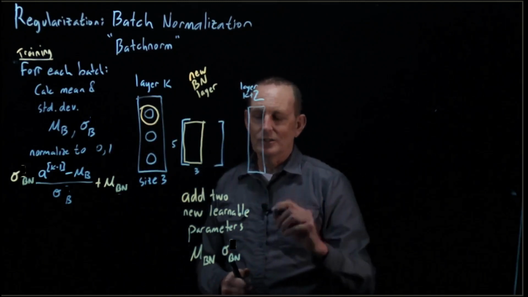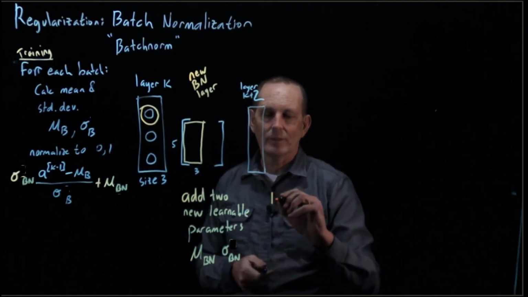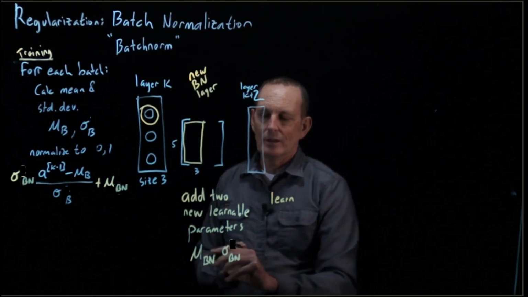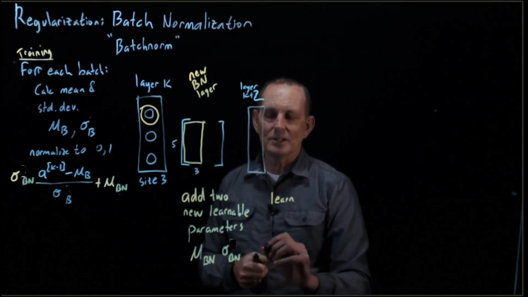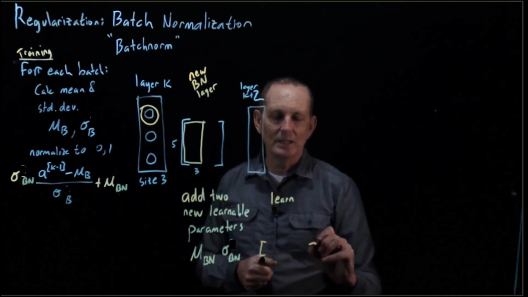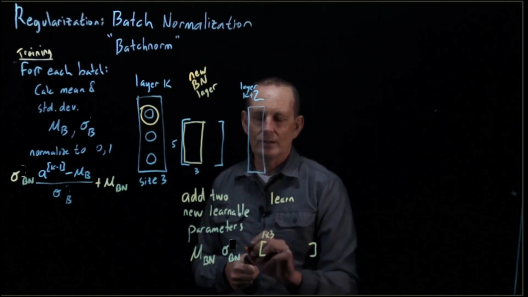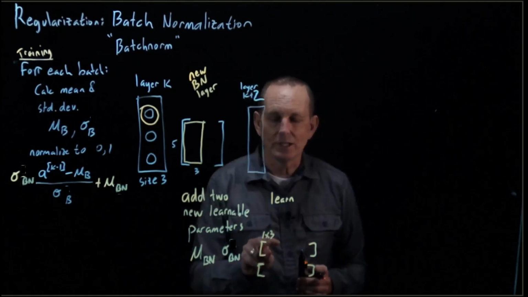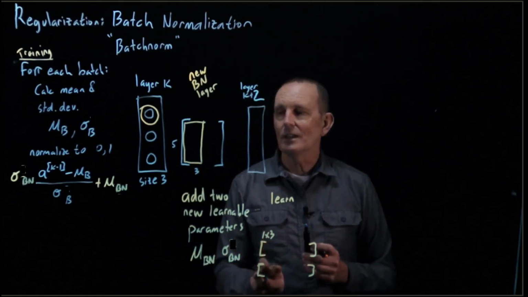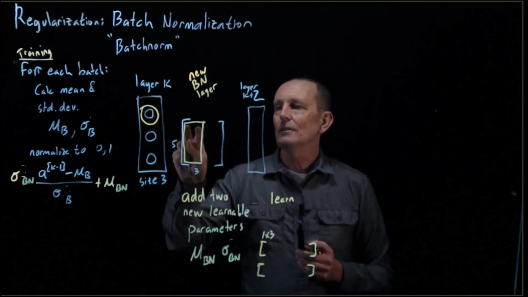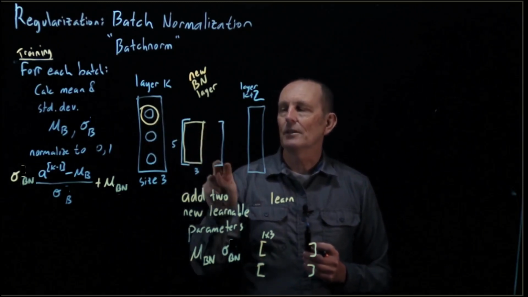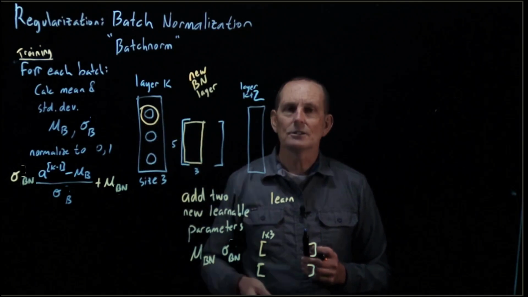And we are going to be learning mu sub bn and sigma sub bn, and they're going to each be 1 by 3, right? Because we are learning separately the mean and standard deviation for the first column, the second column, and the third column. That is for these nodes.